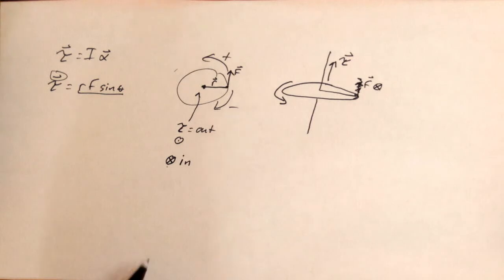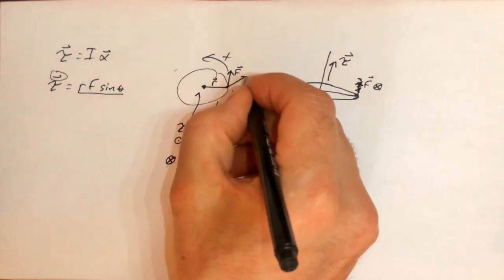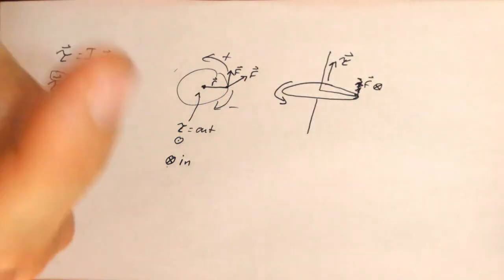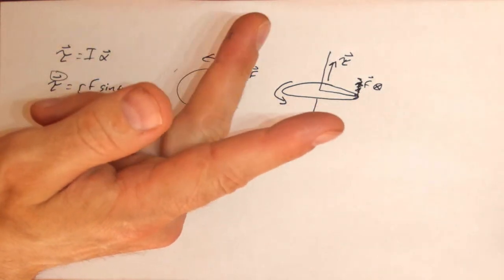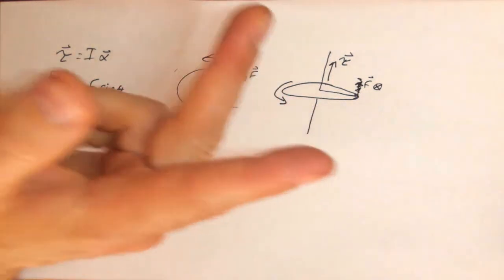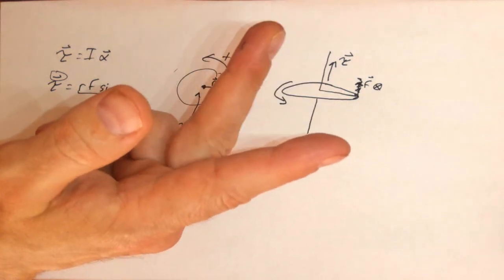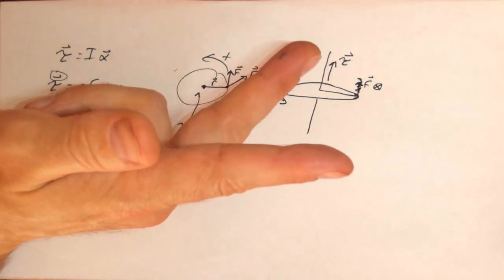Okay? Now, even if they're not at 90 degrees, if my force was something like this, I can still do it. So now R is still pointing this way, F is pointing that way. Now that's the beauty of these fingers, I can do that. Okay? So R is pointing to the left, F is pointing that way.